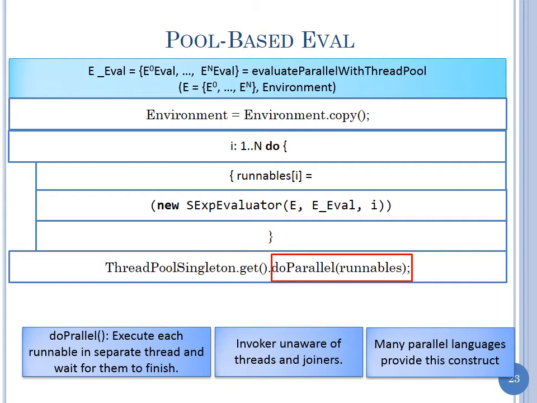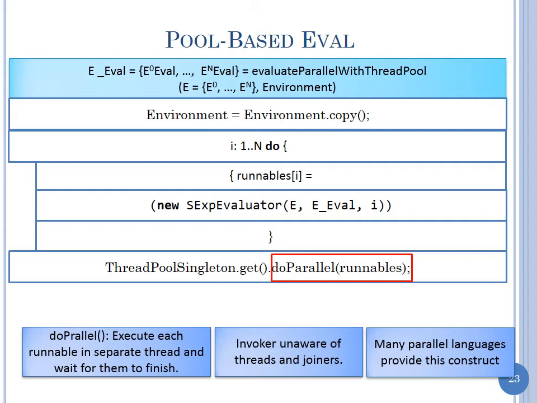To each runnable, it gives the list of expressions to be evaluated, and the list in which the runnable should put its result back. That's the variable e and e eval here. It also tells each runnable which element of the expression list to evaluate. The runnable is going to evaluate that expression and store it at the appropriate index in the result. Okay, so it creates the runnables.